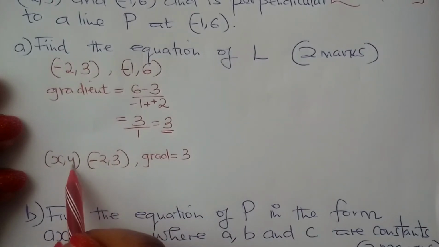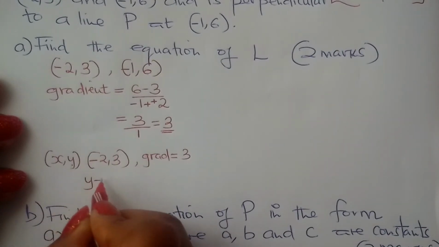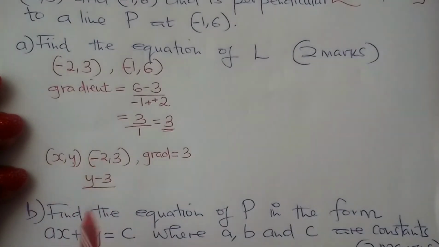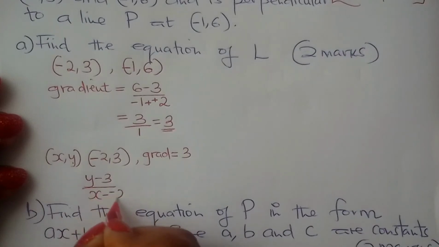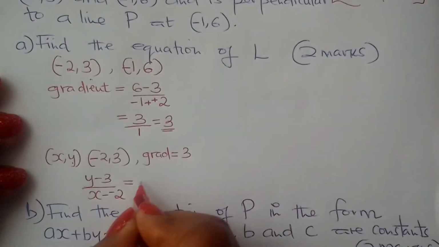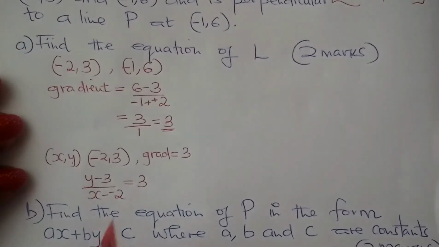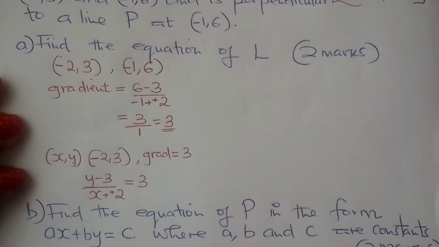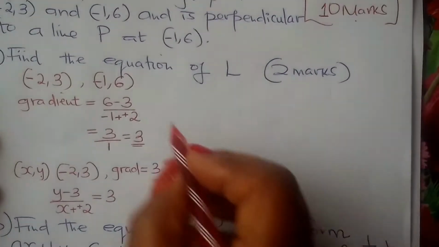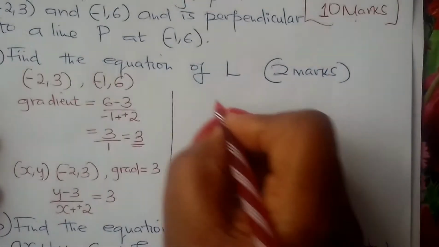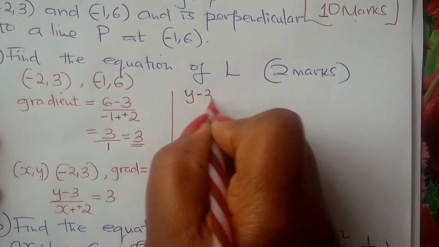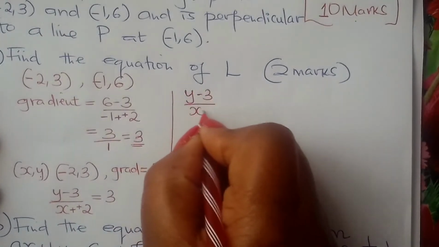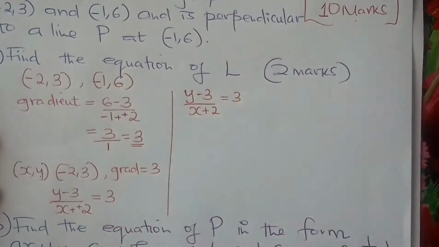Again, you talk of change in y, so y minus 3 over change in x, x minus -2, should give you this gradient. Minus followed by minus gives you plus. So y minus 3 divided by x plus 2 is equal to 3.